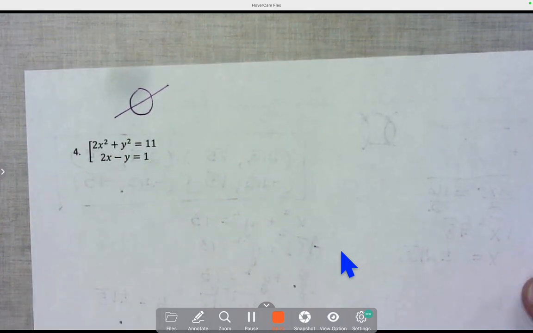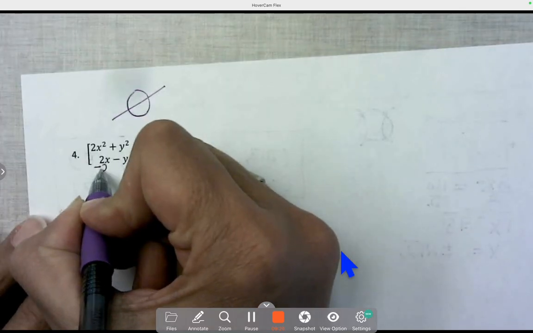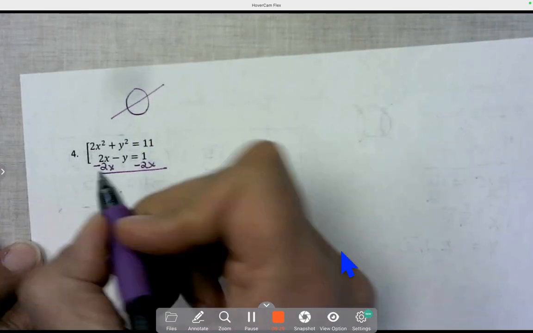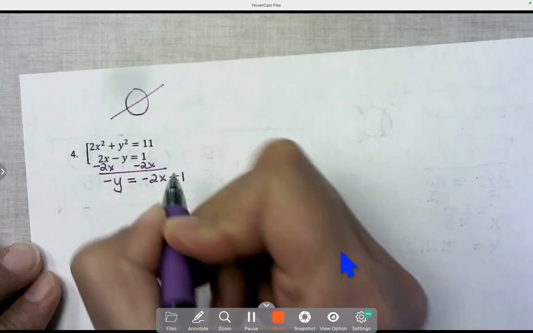So we're going to go here. And when you have one that's linear, you always want to solve for y. So let's go ahead and take this, and we're going to solve for y. So I'm going to subtract 2x from both sides. I have negative y equals negative 2x plus 1.